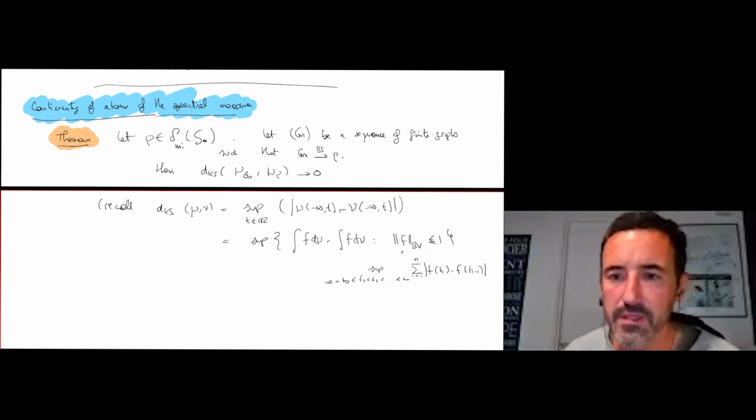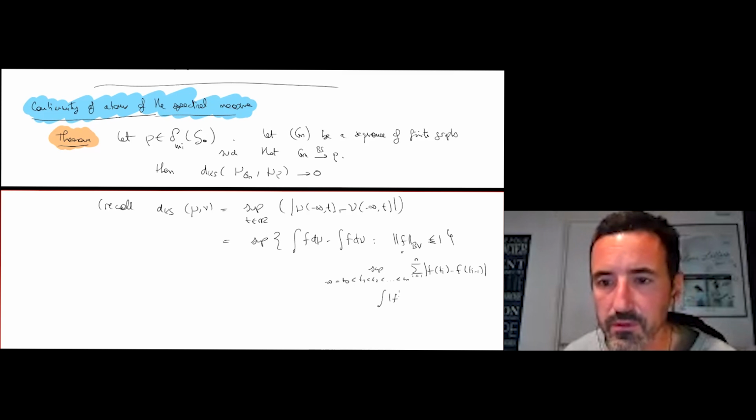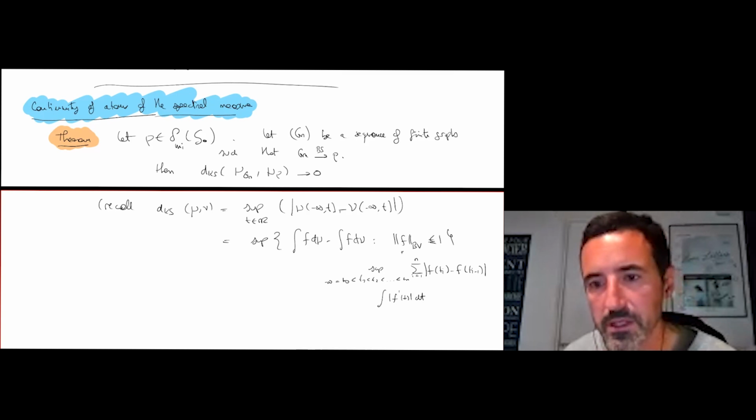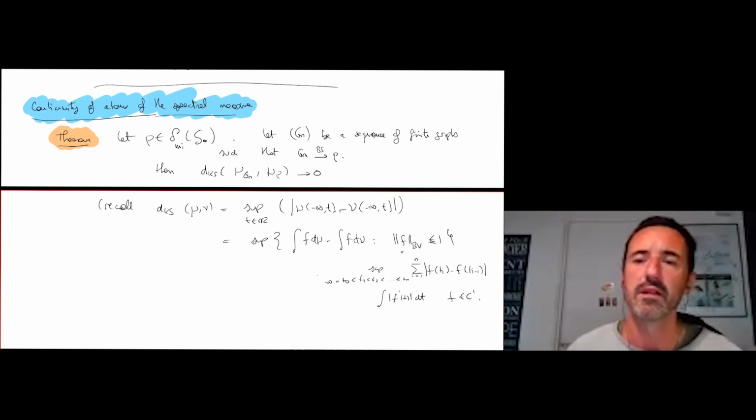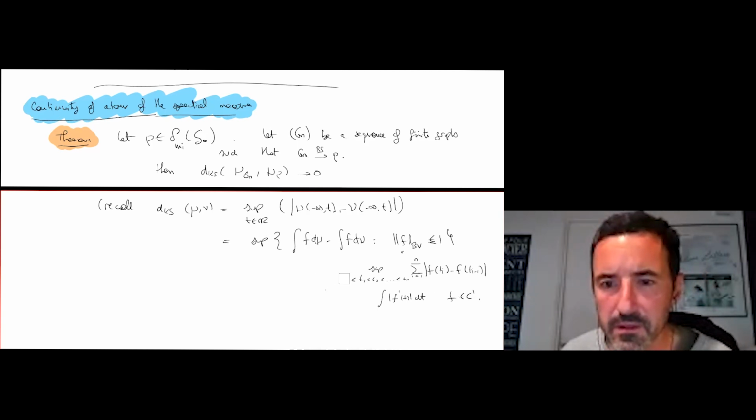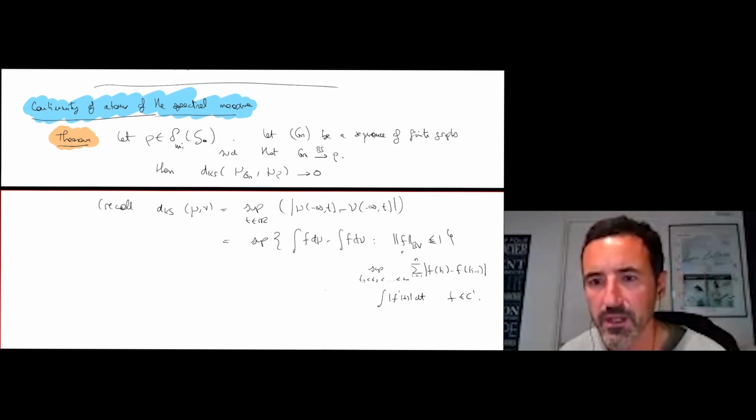So if f has a derivative, this is simply the integral of the absolute value of the derivative, if f belongs to C1. I think this definition is correct, but I should have checked.